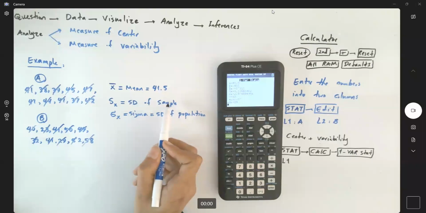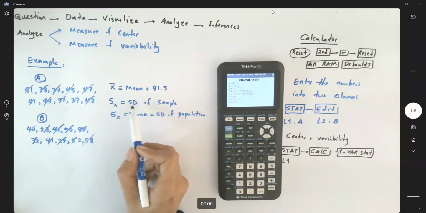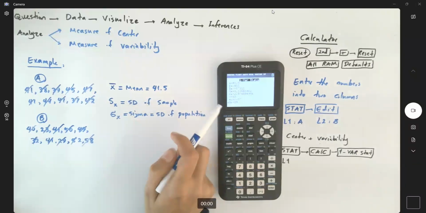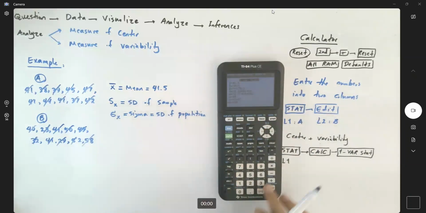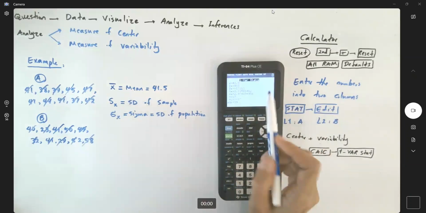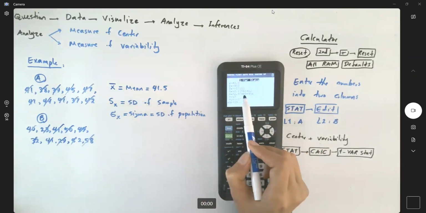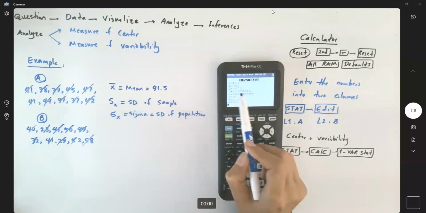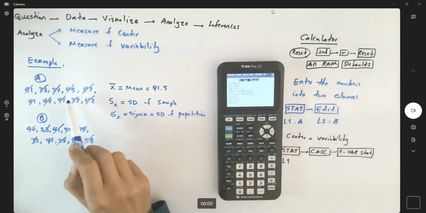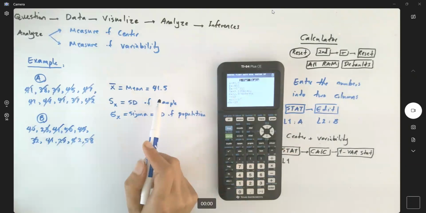So S sub X represents the standard deviation of sample. If the question says, hey, you have a sample, you're going to use S sub X, which is 3 point, let's just round this, 3.14. It means that about $3,000 is the average difference between salaries and the mean.